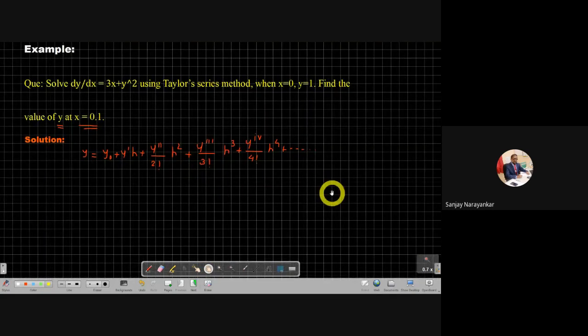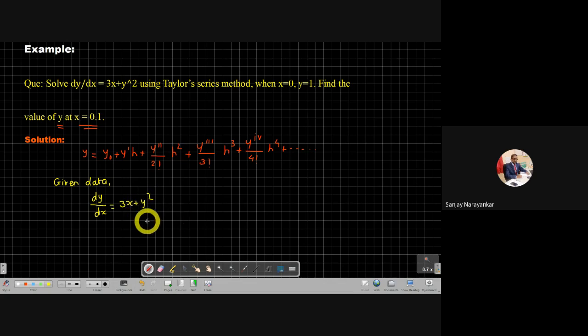Now, if this is the formula, what exactly do we have to write? See, we have to find y at x is equal to 0.1. So first of all, we'll write down what is given in the problem statement. So given data: dy by dx is equal to 3x plus y square is given.